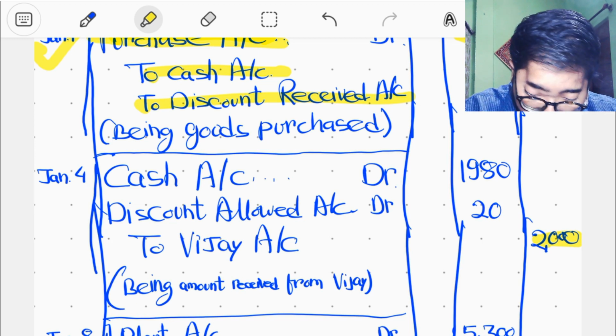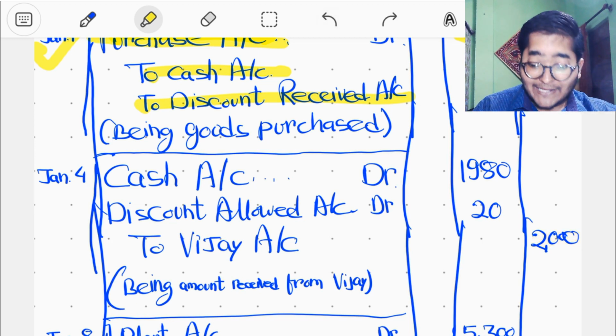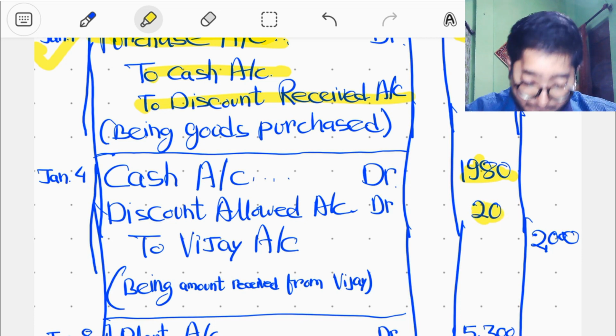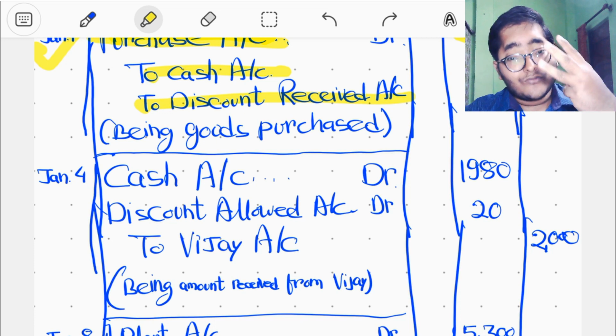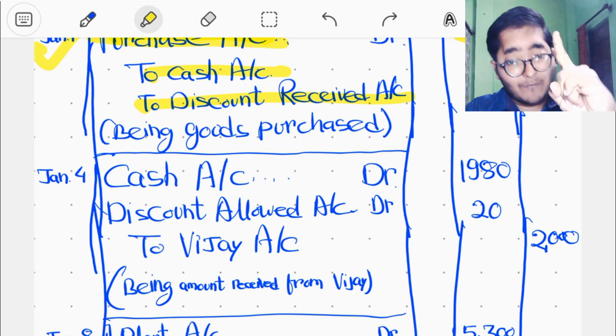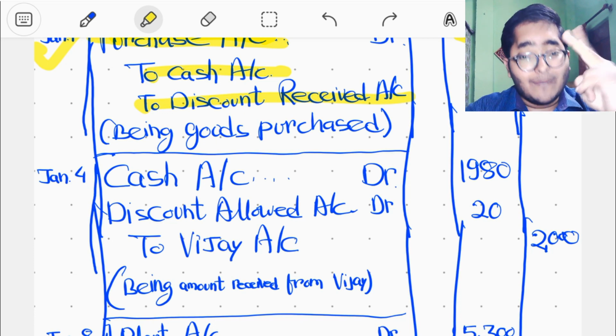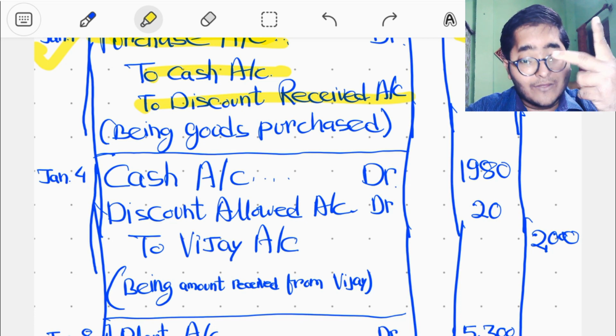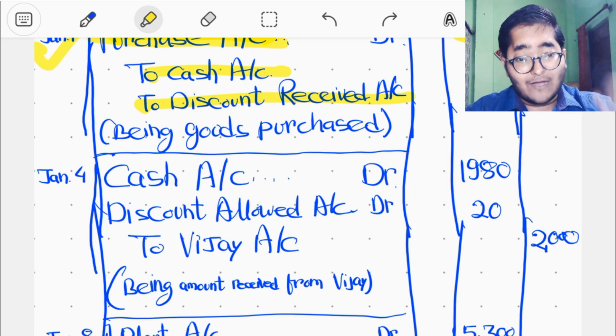So Vijay account is crediting cash rupees 1980. Vijay account is crediting discount allowed rupees 20. So this transaction will also affect three accounts. Number 1, cash account. Number 2, discount allowed account. And number 3, Vijay account.